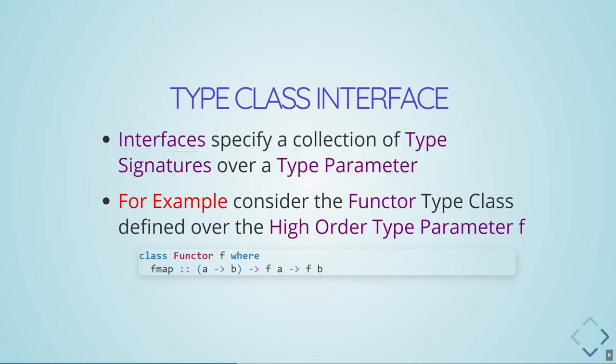So for every class, you say class, you give it the name of the class, and then you give it a type parameter, a variable which is a stand-in for a type. Then you define which functions, you could also call these methods, are associated with this class, and you just give their type signatures. And usually you're going to use this type parameter inside the type signature.